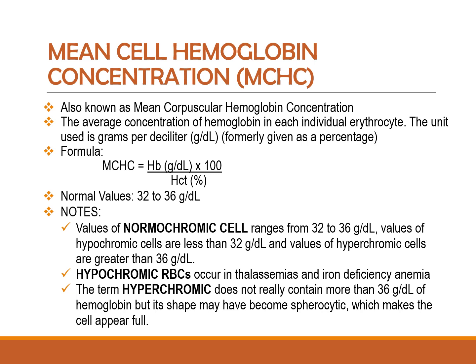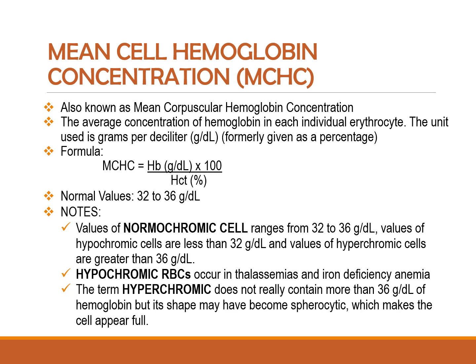The normal value for this parameter ranges from 32 to 36 grams per dL. Values of normochromic cells range from 32 to 36 grams per dL. For hypochromic cells, the value of the MCHC is less than 32 grams per dL, and for hyperchromic cells, the values are greater than 36 grams per dL.